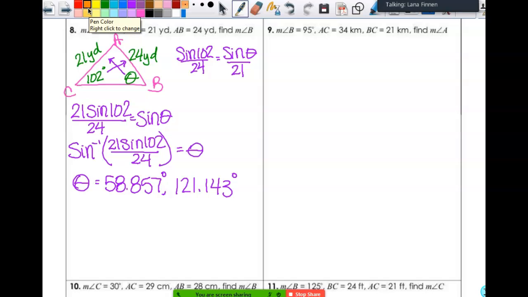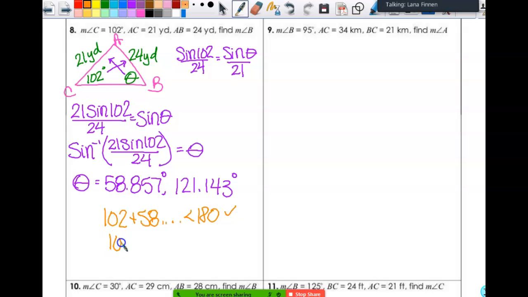So then I don't get to just box that and move on. I got to check them, right? So I take the original angle that they gave me, 102. I'm going to add it to this first one, so that's going to be plus 58 something. So that'll give me 160 something. That's less than 180, so that one's good.